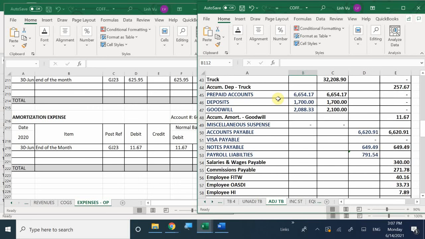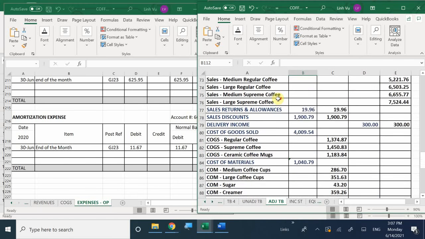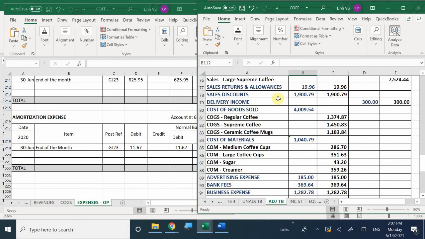Okay, go ahead down to owner's equity, right, 3,000. The owner's equity was a credit for 30,000. And then the owner's withdrawal is 3,000, debit. Right. Okay, advertising expense.